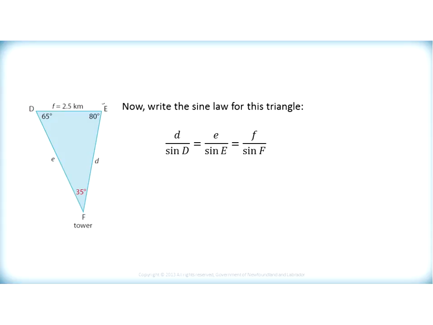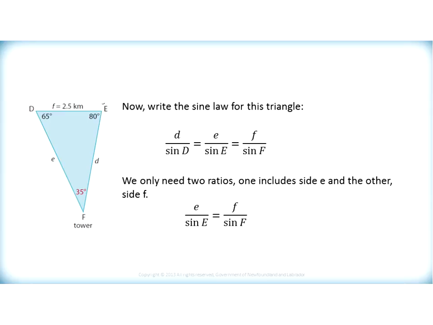So in general, this is our sine law, but we don't need to do anything with D at all. So we only need two ratios. One includes the side we're looking for, side E, and the other must include side F because we know side F. We don't know anything right now about side D, so we can't really use it. So our ratio is going to be reduced to E over sine E equals F over sine F.